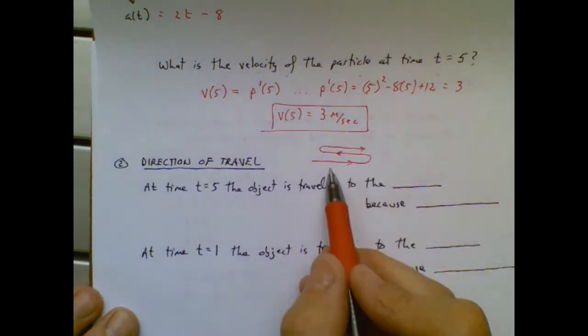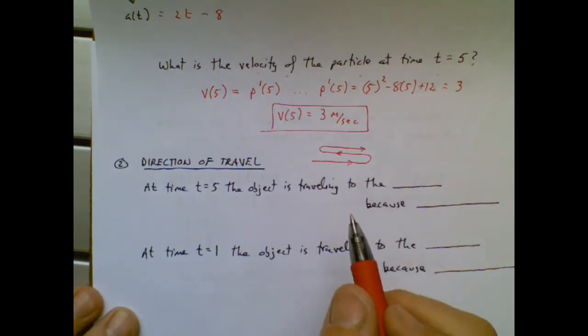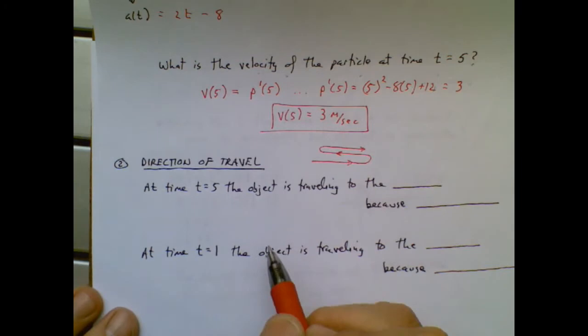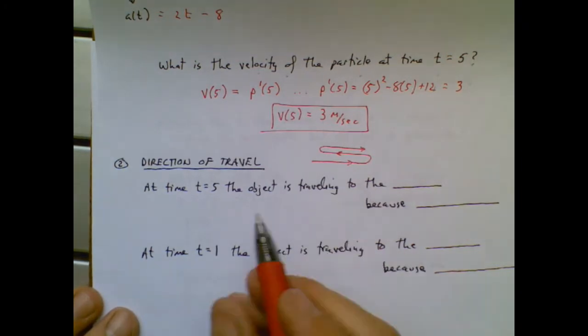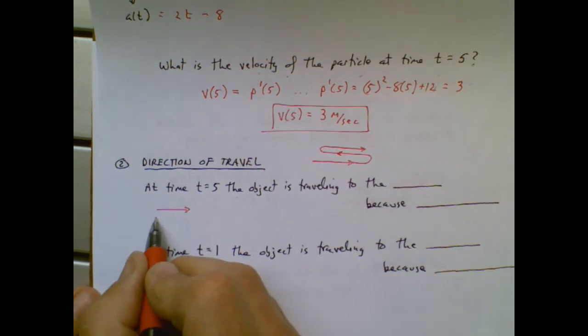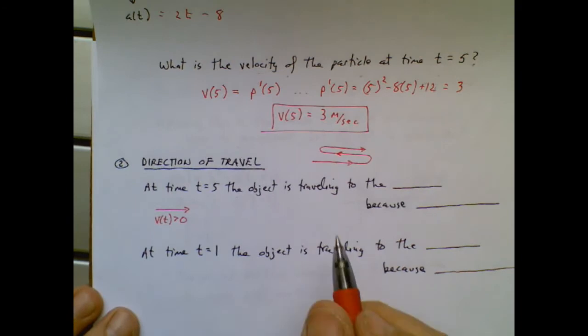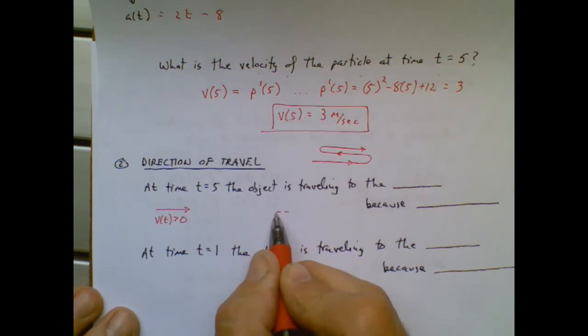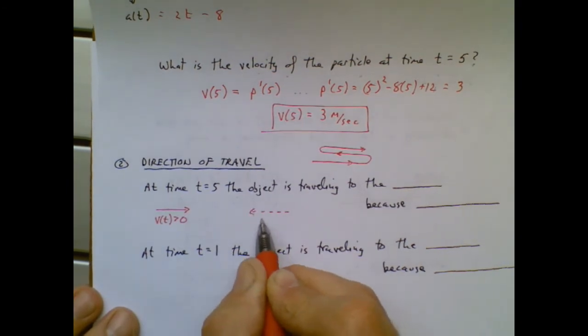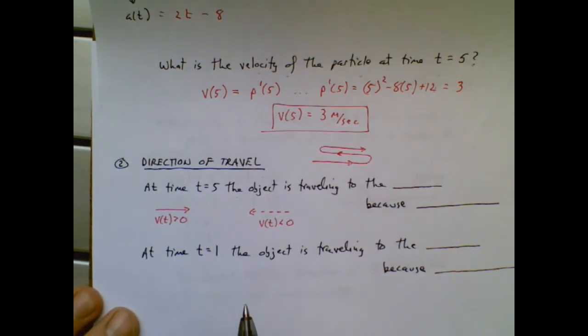So at a given time it's traveling to the right or the left, you just don't know, but here's how you do find out. You simply look at the sign of velocity. So when a particle is traveling to the right, the velocity is positive. If a particle is traveling to the left, the velocity is negative. It's that simple.